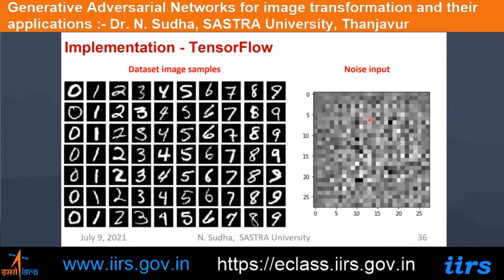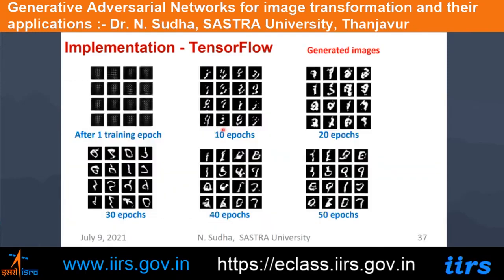The noise input is like this. If you give the noise input like this, then after training the generator will give images similar to these handwritten characters. These are some outputs. After one training epoch, the output looks like this. You don't find any handwritten character here, but after 10 epochs of training, the generator output is like this.